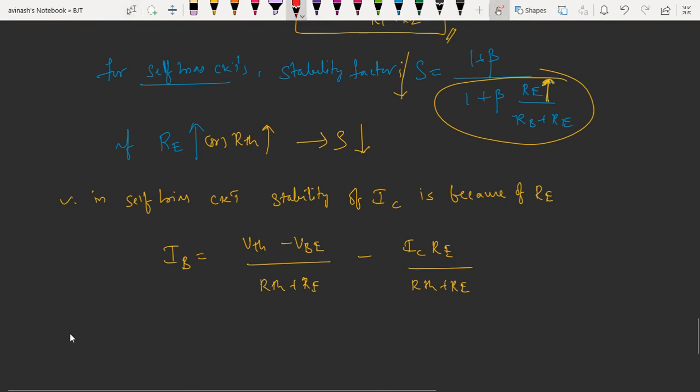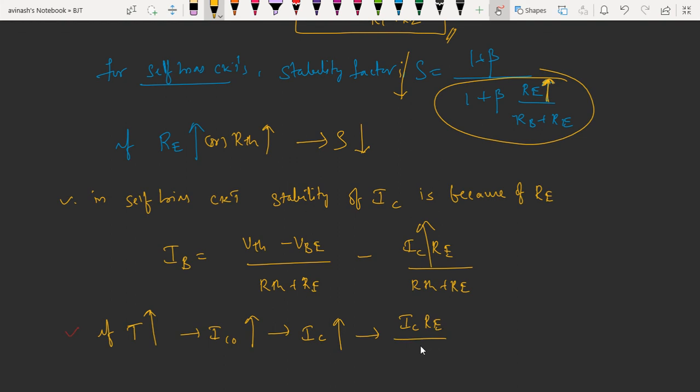Now let us make some points here. If temperature increases, then the reverse saturation current will also increase. Due to the increase in the reverse saturation current, IC will also increase. Due to increase in IC, IC into RE by RTH plus RE will also increase.